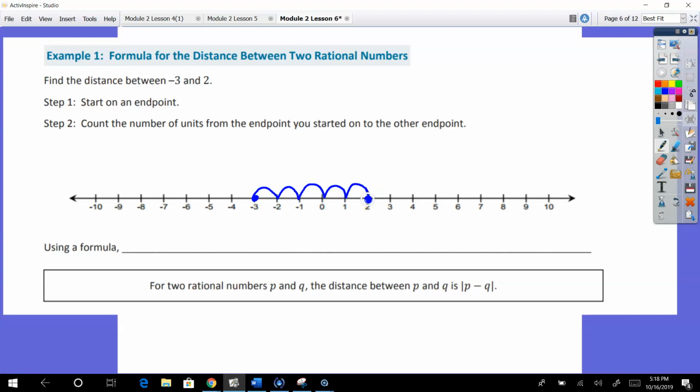If we started at 2, 1, 2, 3, 4, 5. It does not matter the direction. Okay? So, using a formula, we said our formula is P minus Q.